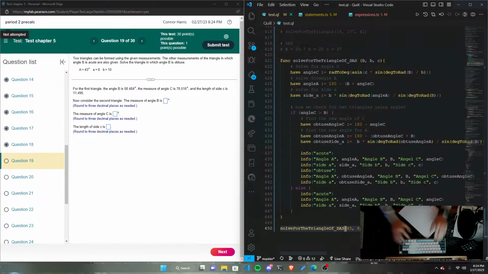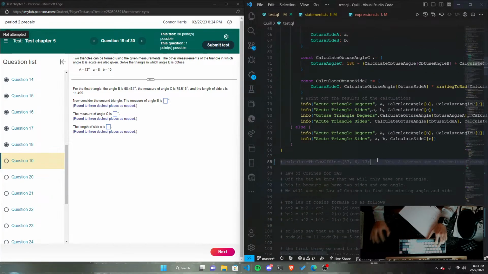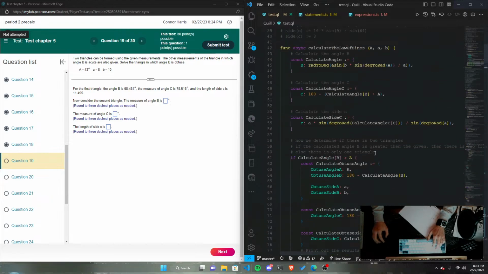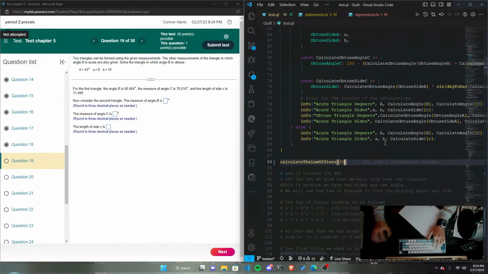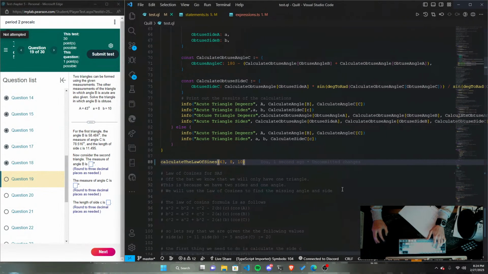Okay, so let's use our function above here because this is a bit cleaner. So we have 43, 8, and 10. This takes in A and B. Also, if you guys are curious, this is the Quill code for it here.